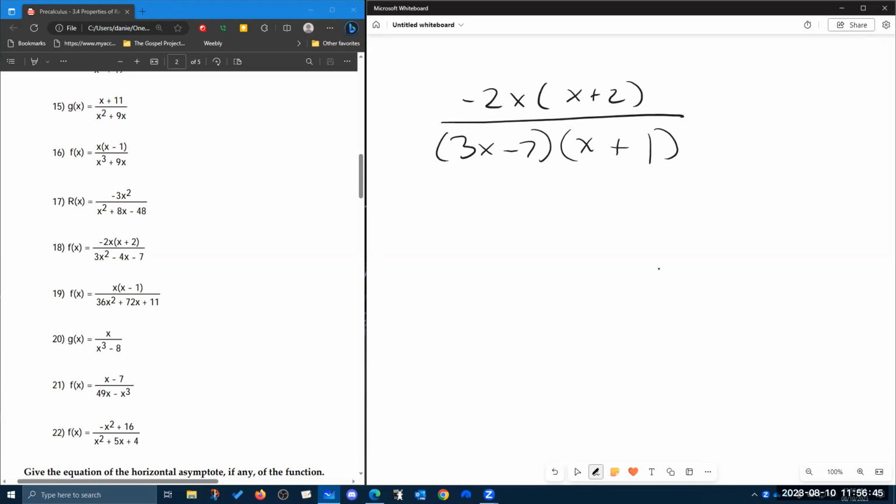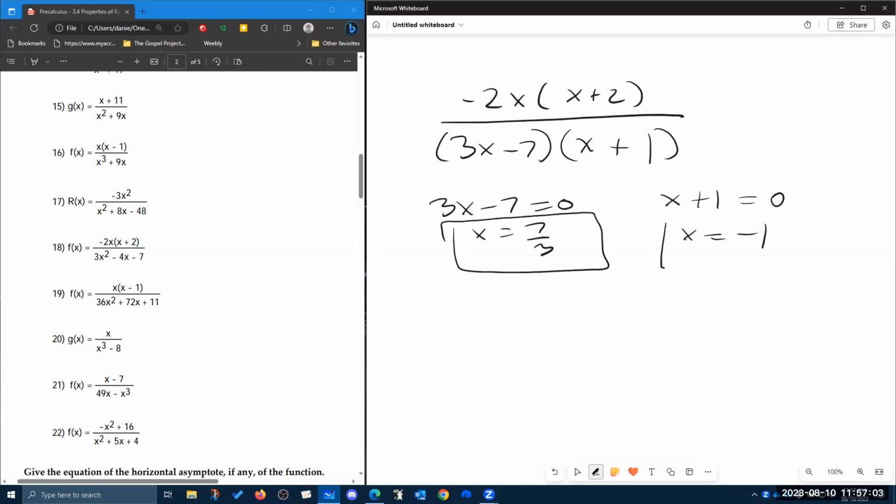Negative 7 plus 3 is a negative 4. No common factors there. So there are my two vertical asymptotes.